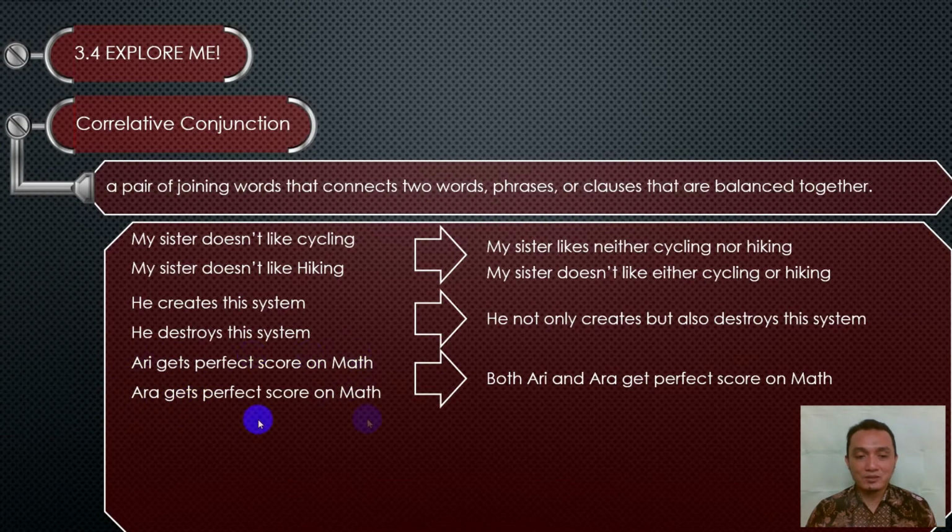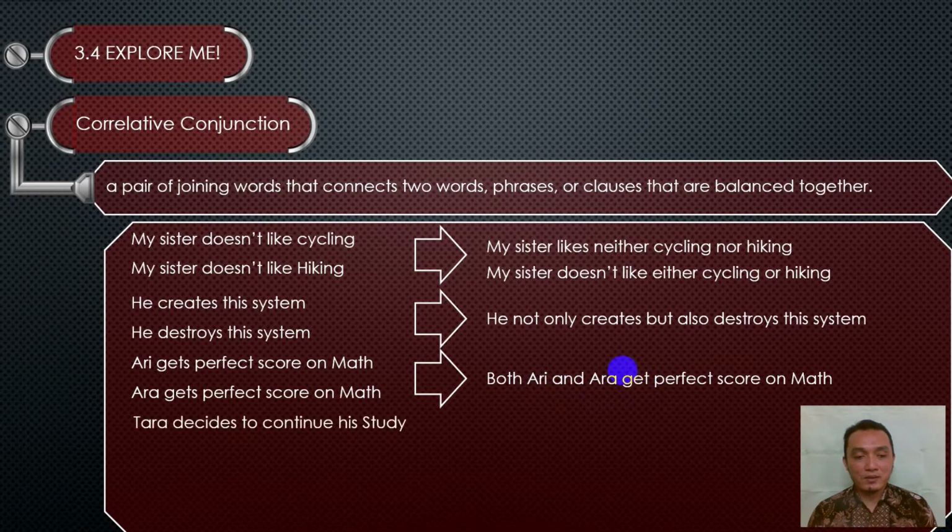If you combine these two sentences, it becomes both Ari and Ara get. So the s is omitted. It is counted as plural because Ari and Ara are more than one. So we don't need to put s in the verb. I hope that you understand.